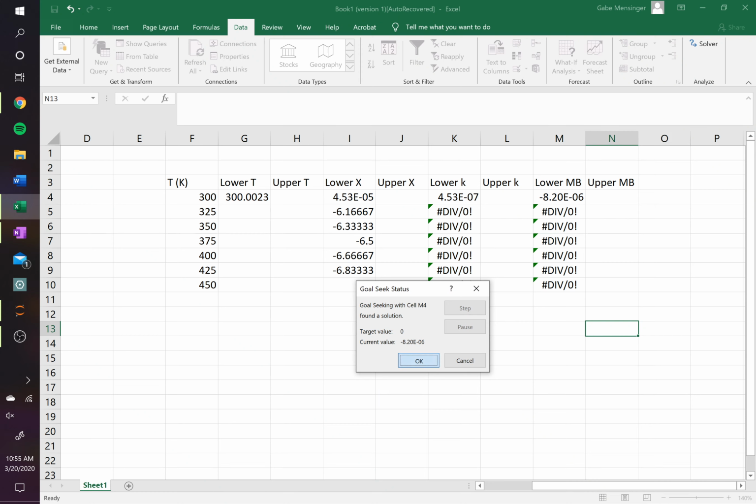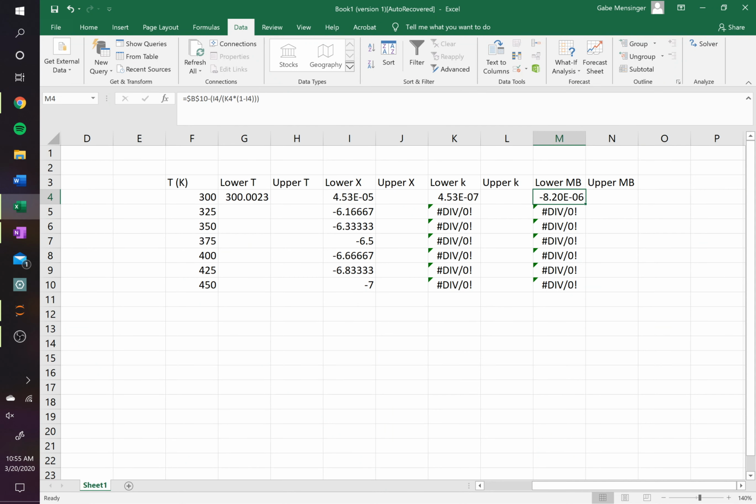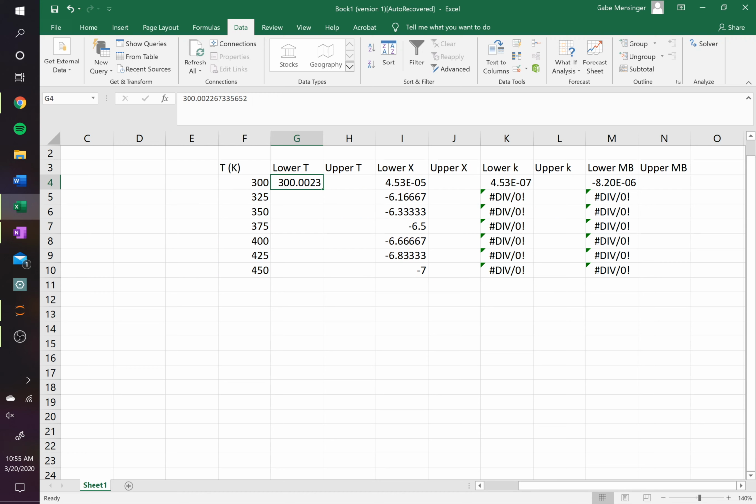And it did. Cool. So my mass balance is essentially 0. I have a very low conversion. And I get my outlet temperature as a function of my inlet. So let me just put a couple guesses here.